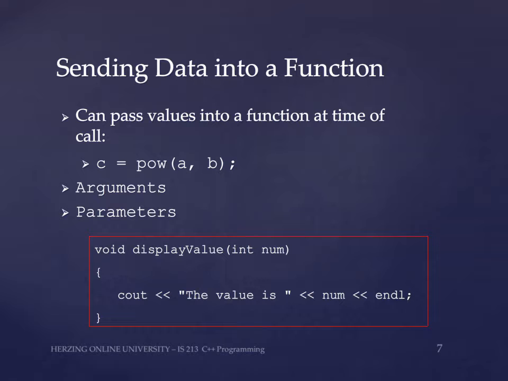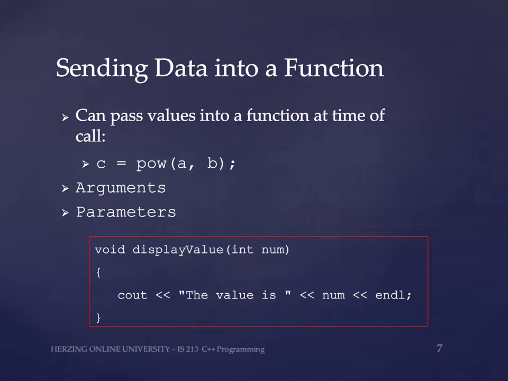Sending data into a function. You can pass values into a function at the time of call. For example, c equals pow(a, b). The values passed to a function are called arguments. So a and b are arguments. Variables in functions that hold the values passed as arguments are parameters.